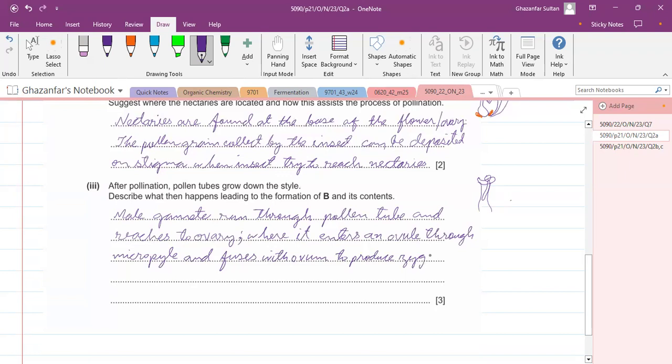And you know that this process is called fertilization.